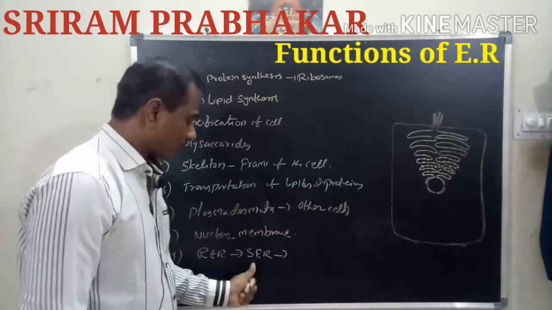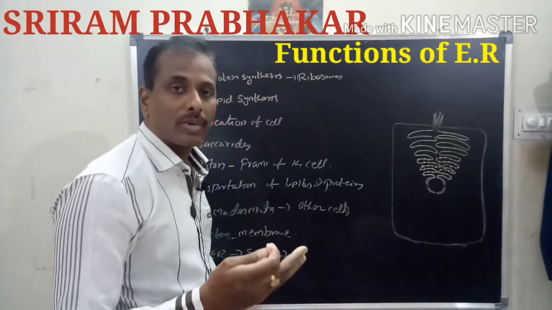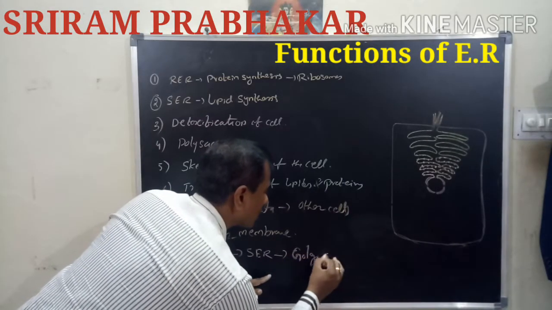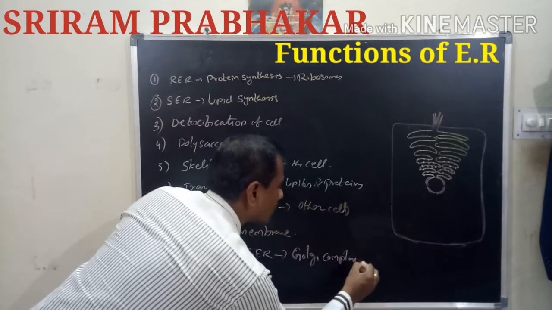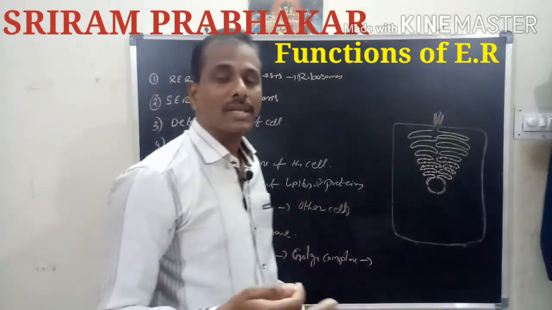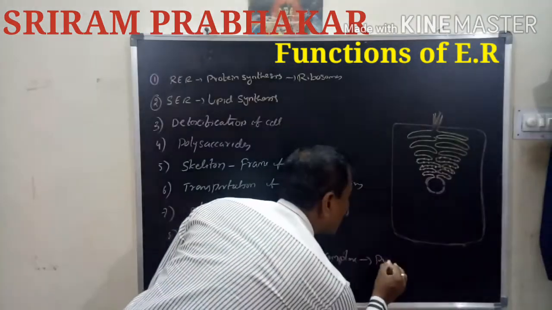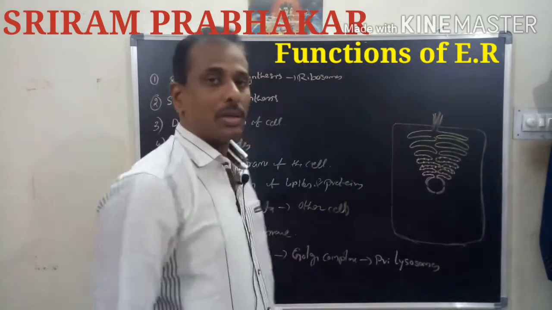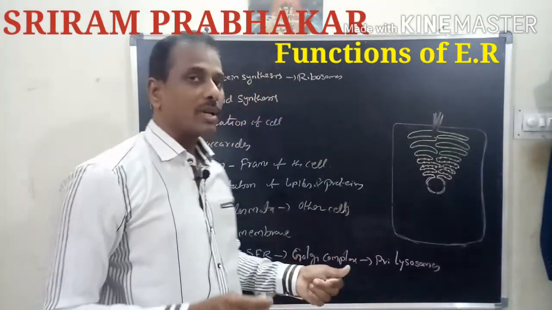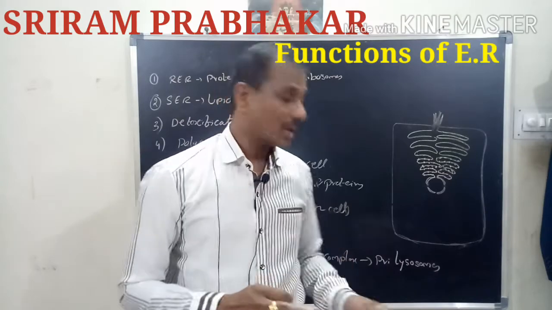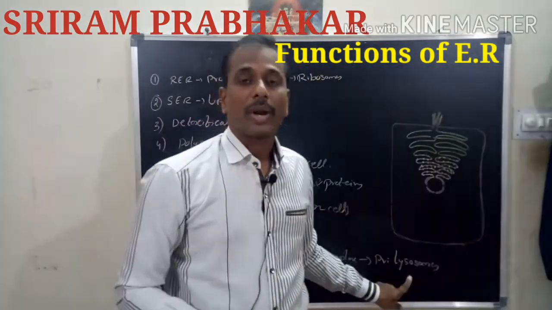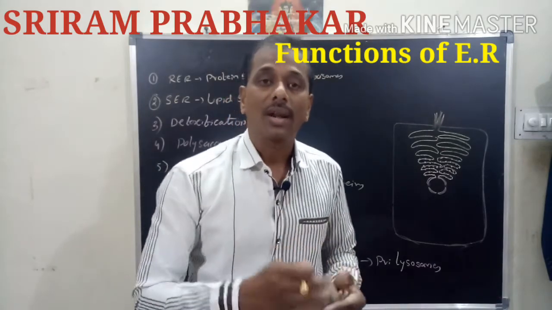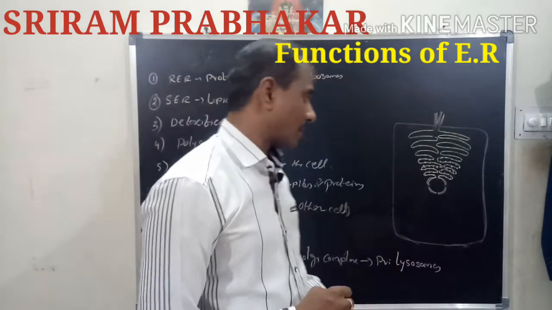After maturation, the smooth endoplasmic reticulum can convert into the Golgi complex. Then the Golgi complex can form the primary lysosomes. So the endoplasmic reticulum helps in the formation of the Golgi complex and primary lysosomes. That means it gives other cell organelles inside the cell.